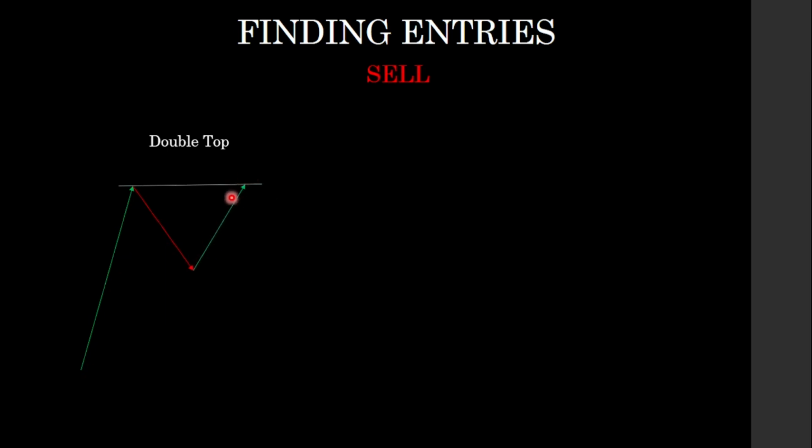Now when the market is back to this double top area, all you are looking for is a smaller move to the downside, and that's gonna tell you that we are forming the double top. And this is the point where you're gonna place your sell entry and put your stop loss right above the double top area. And after that, what we are expecting is the push to the downside to complete that double top pattern.